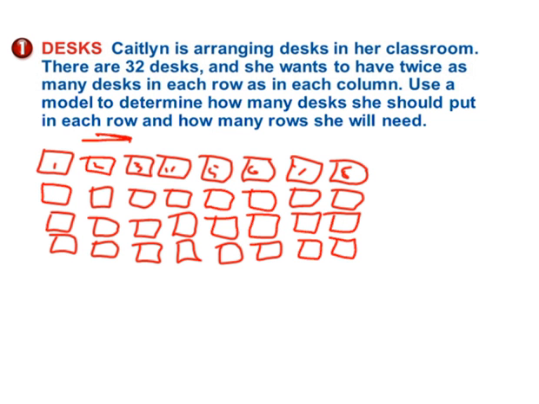Well, I've got 1 through 16. If I have 8 more in this row, 8 and 16 would be 24. And then 8 in the last one would be 32. So this arrangement does work.